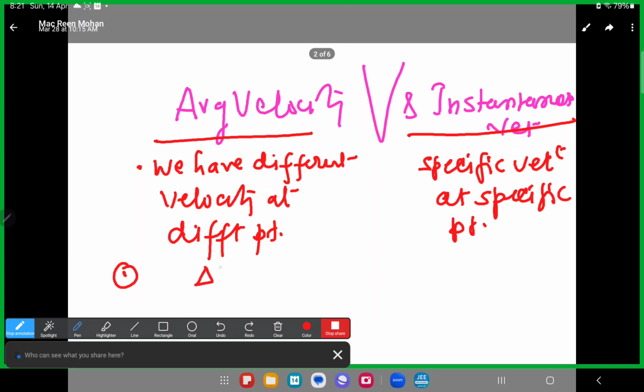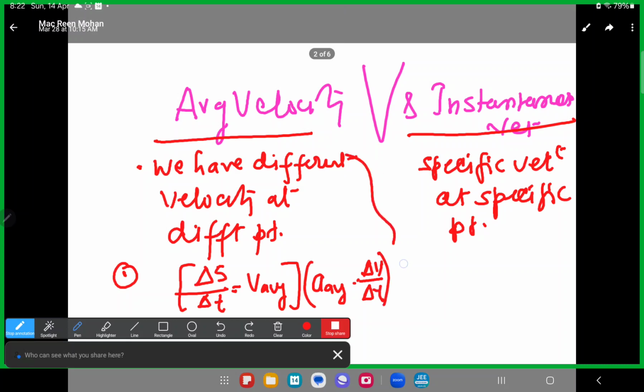Now the second important thing is the technical term delta for average, like delta S upon delta T, that is V average. V average is delta S upon delta T. And for A average, we will use delta V upon delta T. But for instantaneous, we will use V instantaneous.